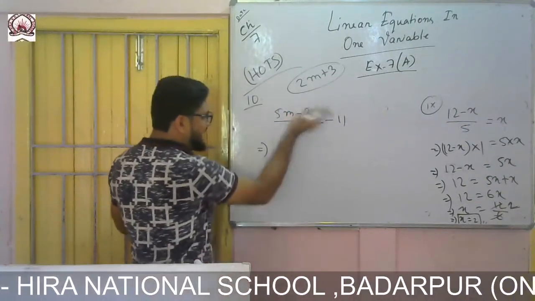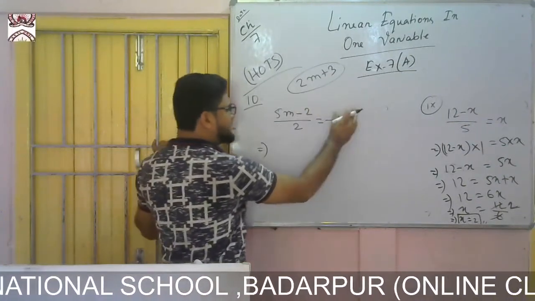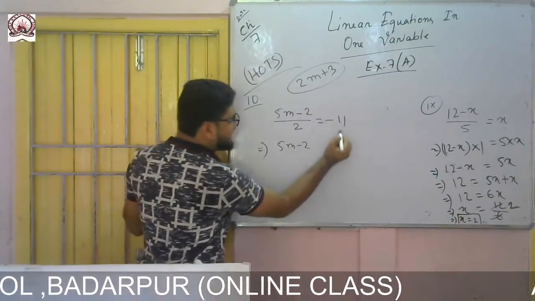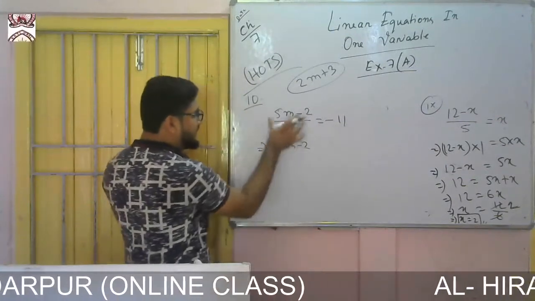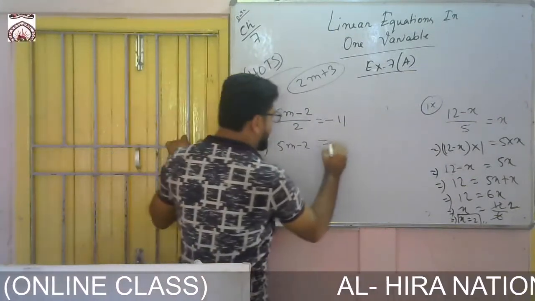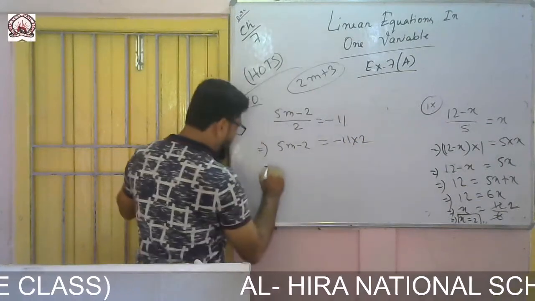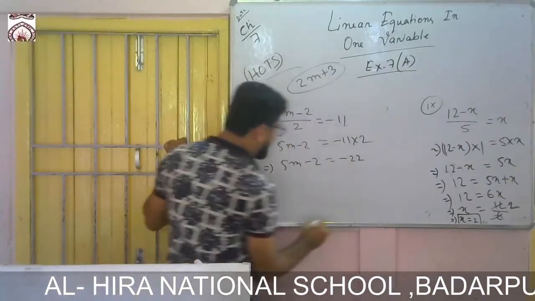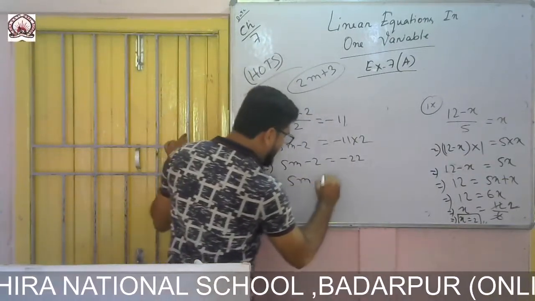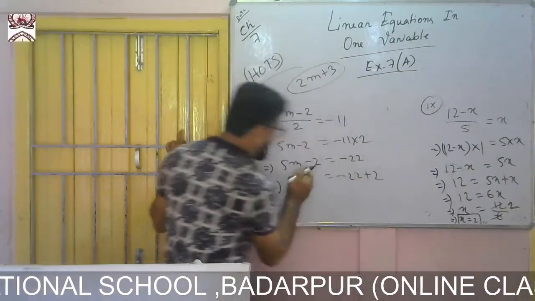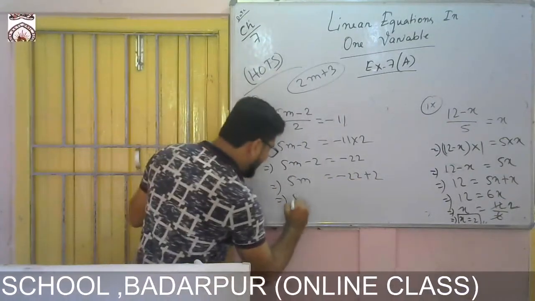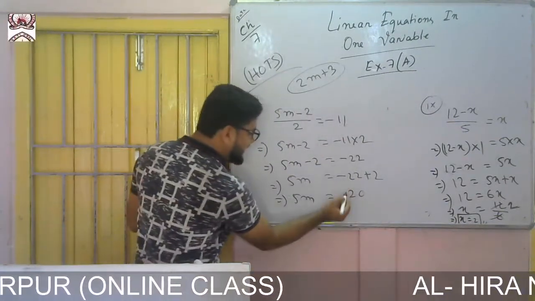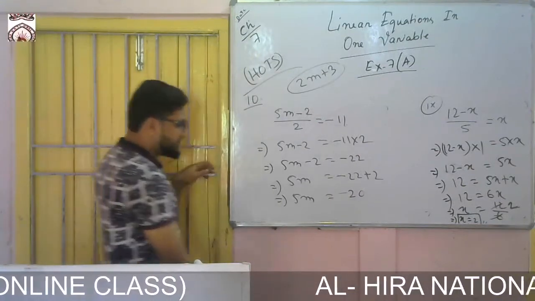So you cross multiply, because one side is in fraction and another is in whole. So 5m minus 2 into 1, nothing is there, that means 1 is there, so if I multiply it will remain same. Minus 11 into 2. Then 5m minus 2 equals minus 22. Then 5m equals minus 22 plus 2, because here it is minus. So 5m equals minus 20. Understood?